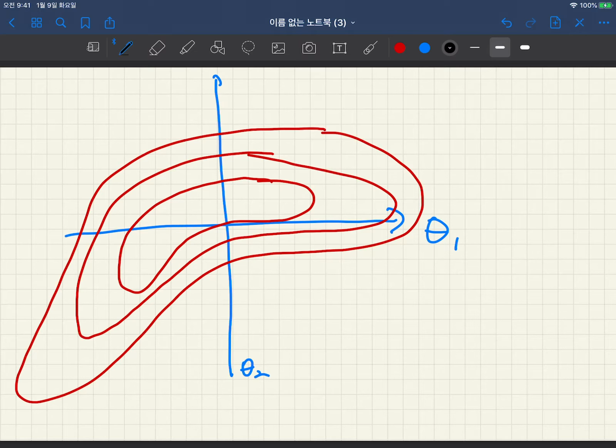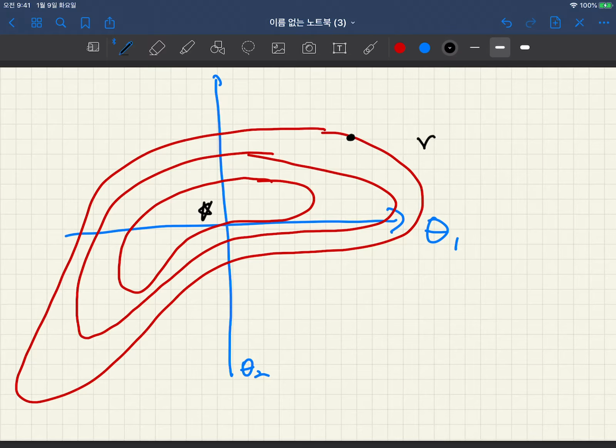Right. Now let's consider we want to find the optimal point from, let's say, this initial point. For this initial point, you run a gradient descent algorithm with a constant step size gamma.